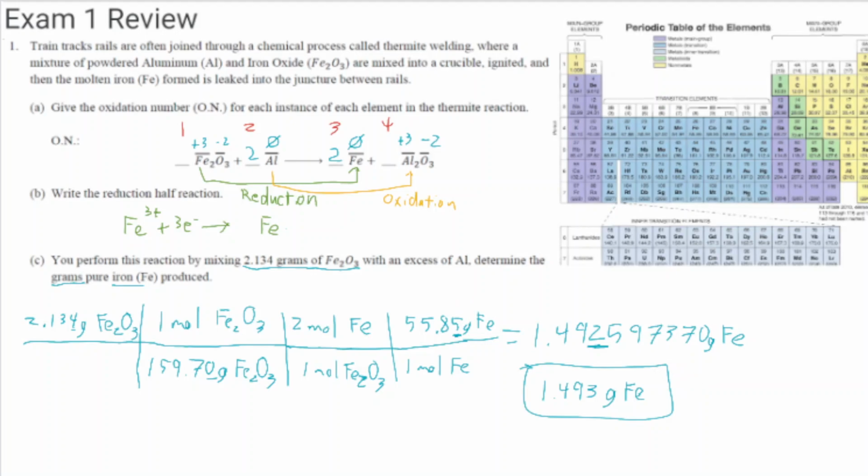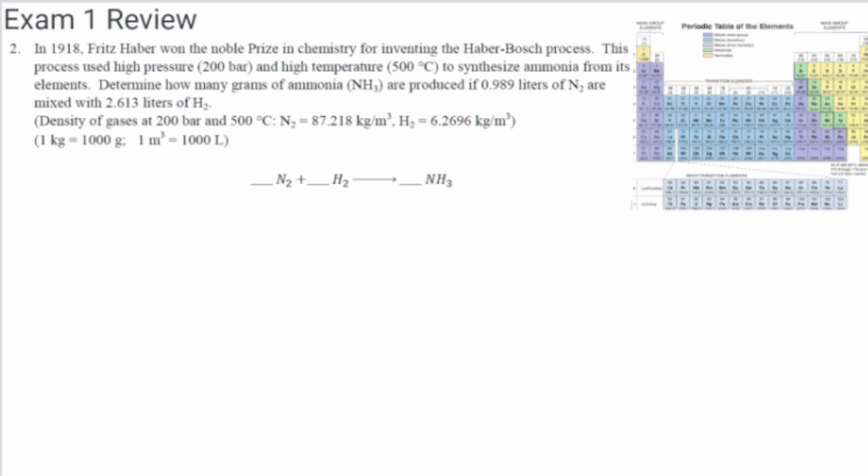All right, so now let's go ahead and we'll move on to question number 2. Give me just a second to copy that over. All right, so for question number 2, it reads, in 1918, Fritz Haber won the Nobel Prize in chemistry for inventing the Haber-Bosch process.